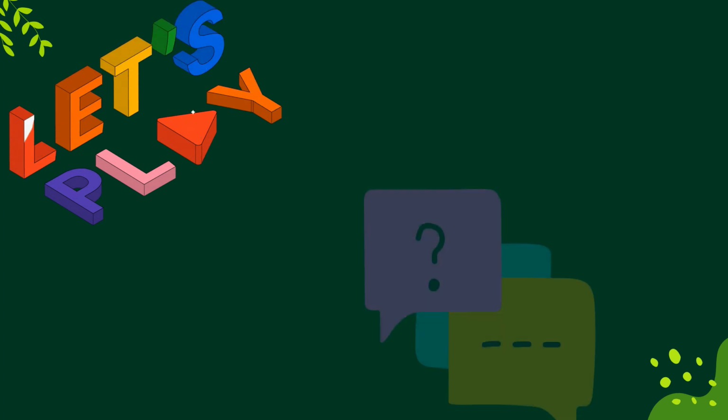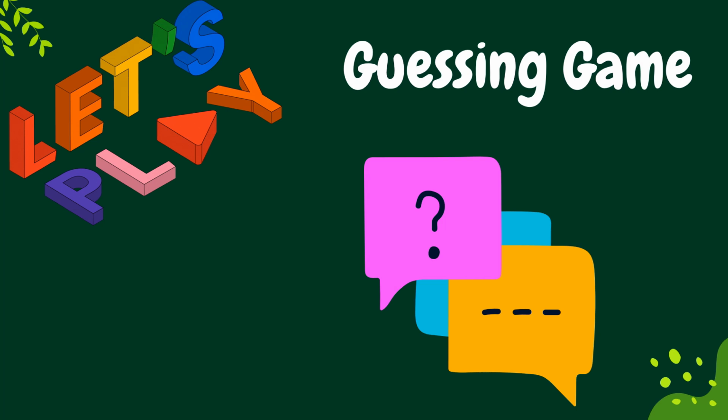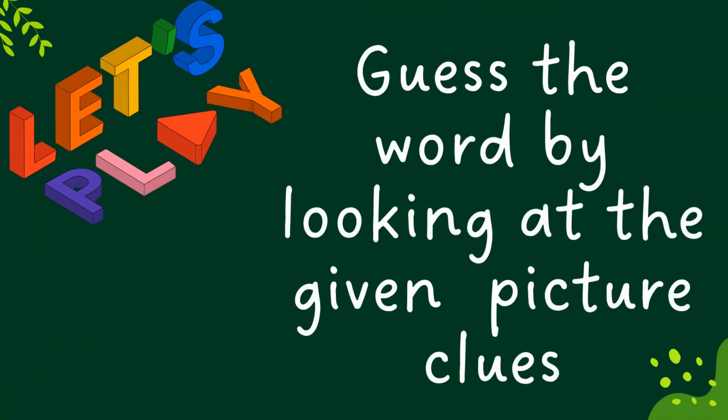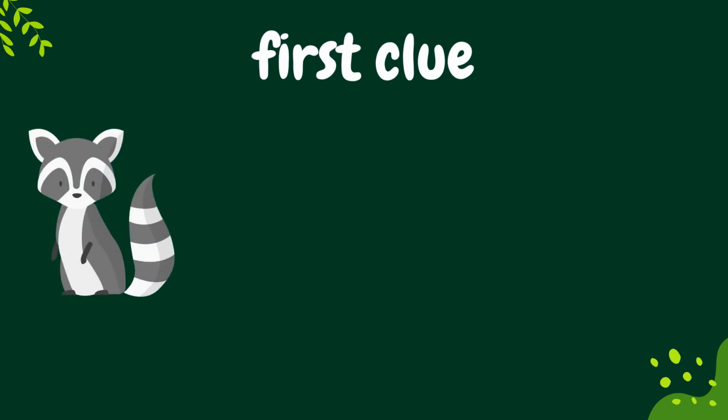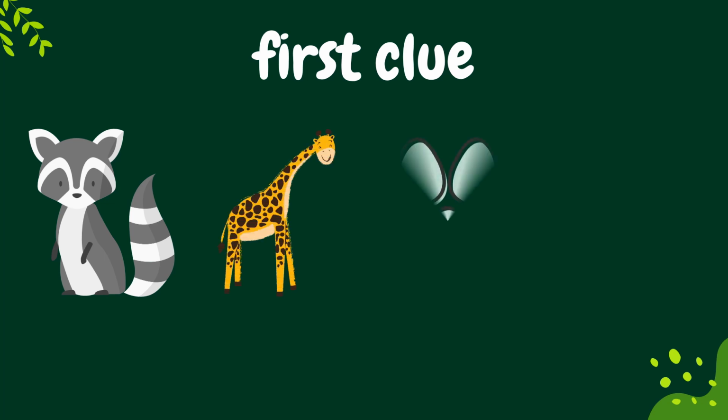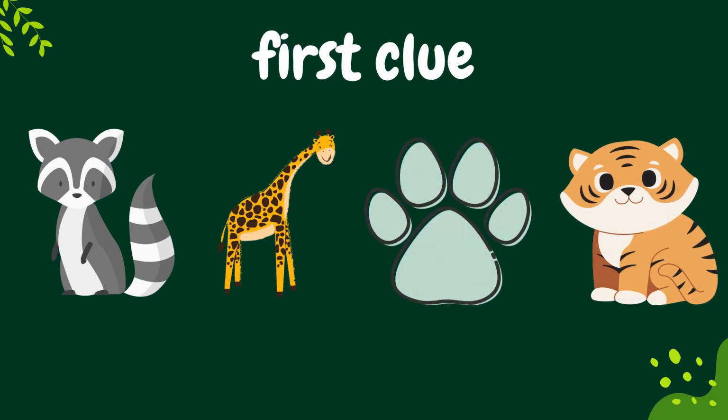So before we go on to our topic for this week, let's have a guessing game. The instructions: guess the word by looking at the given picture clues. For the first clue, what are these pictures?